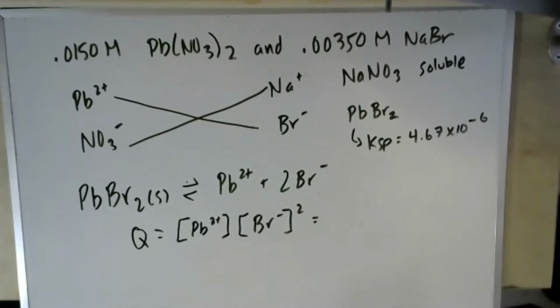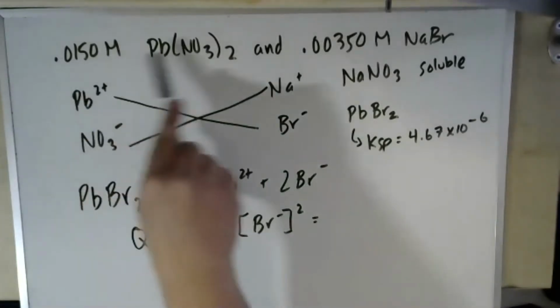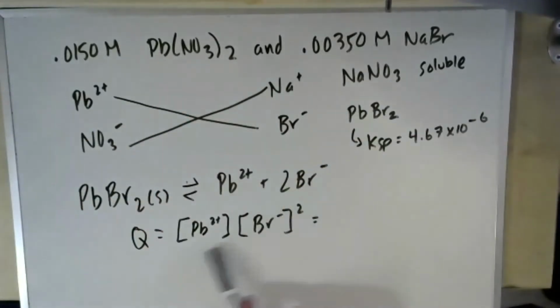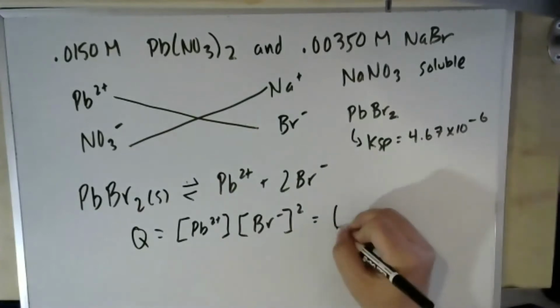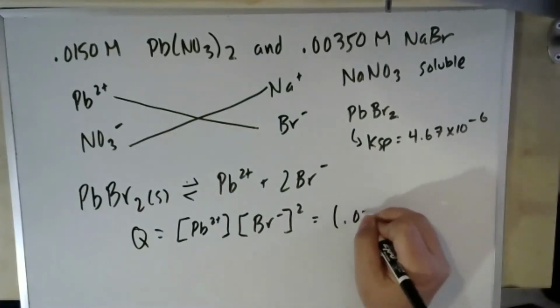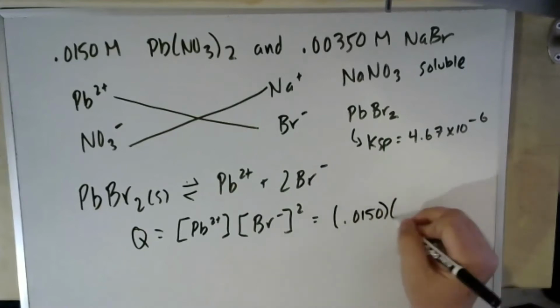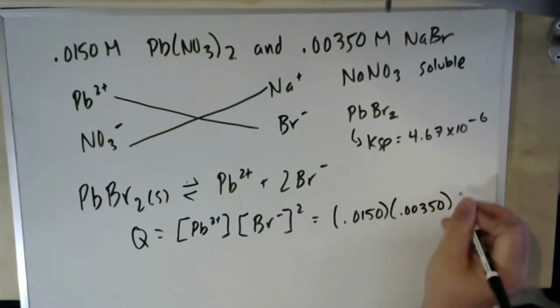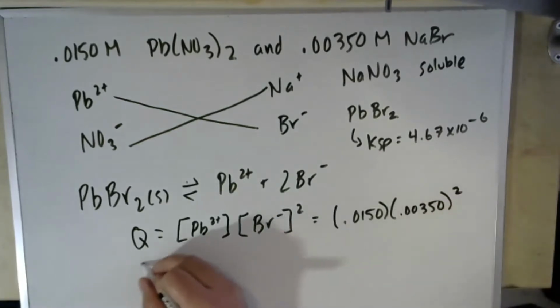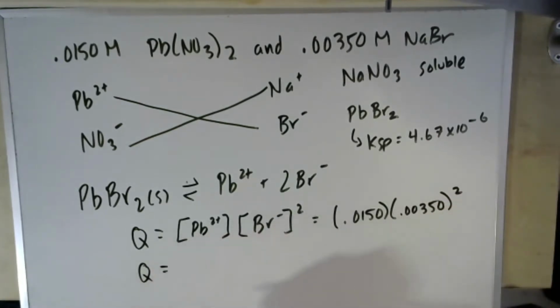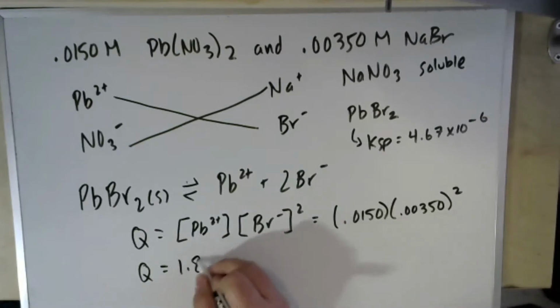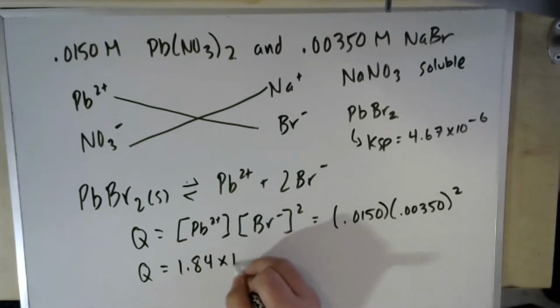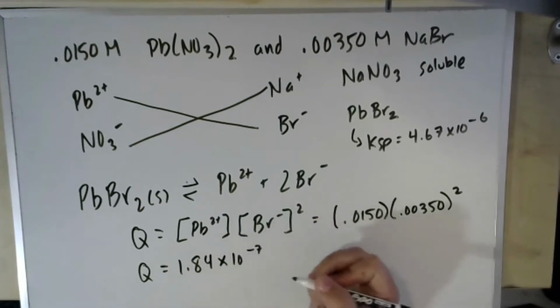Okay, so we're going to look back at our initial concentration values to fill them in over here. So our lead concentration is going to be 0.0150. The concentration of our bromide ion is 0.00350. And we want to square it. So our Q value is going to be 1.84 times 10 to the negative 7.